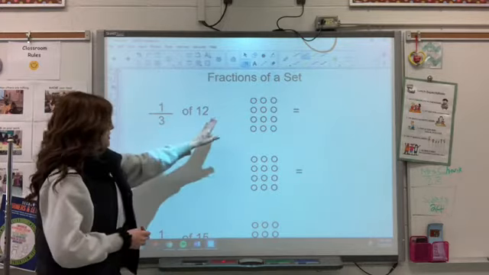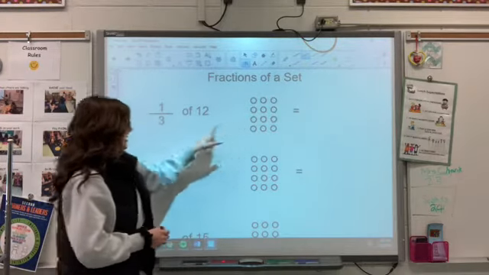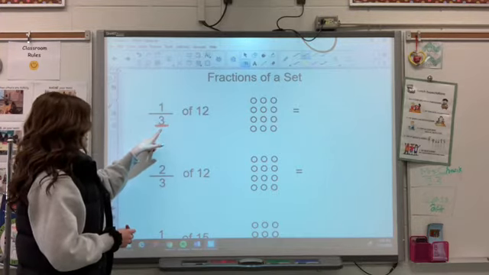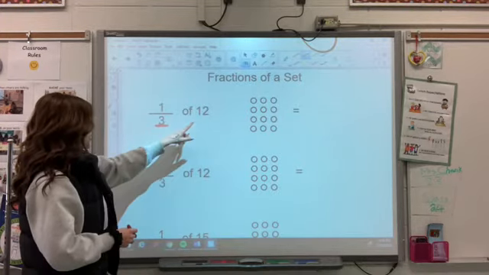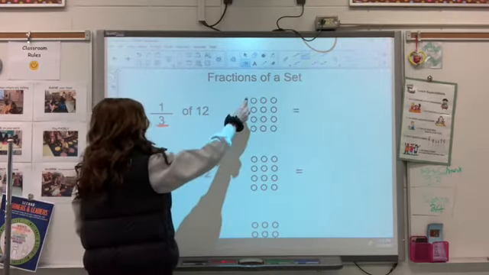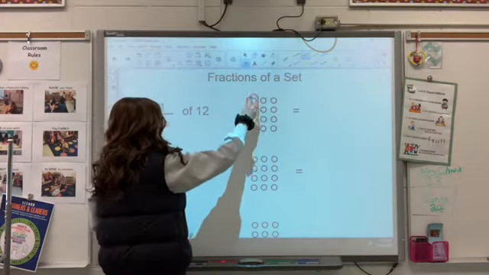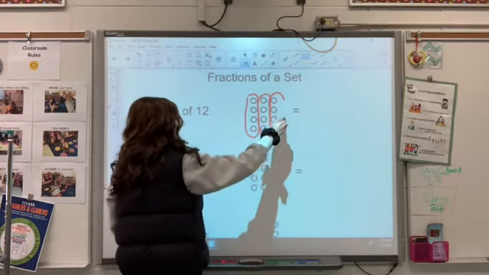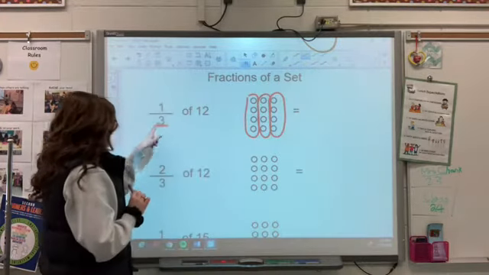Now I'm going to look at my 12 objects. I'm going to look at my denominator. This right here is how many groups there are going to be, okay? So I have 12 things, and I already have it lined up into 3 equal groups, okay? So right here I have 3 equal groups.